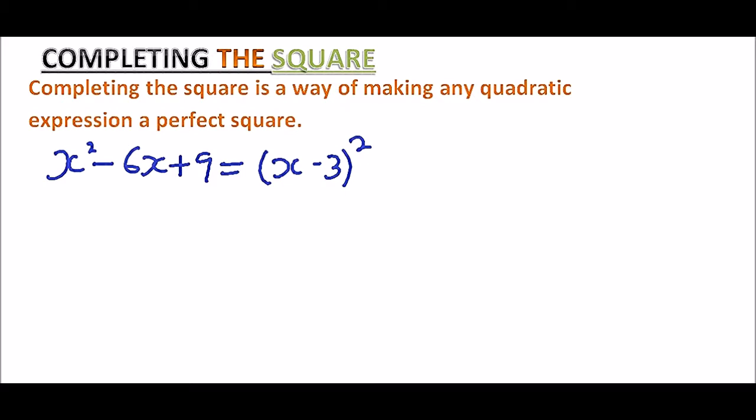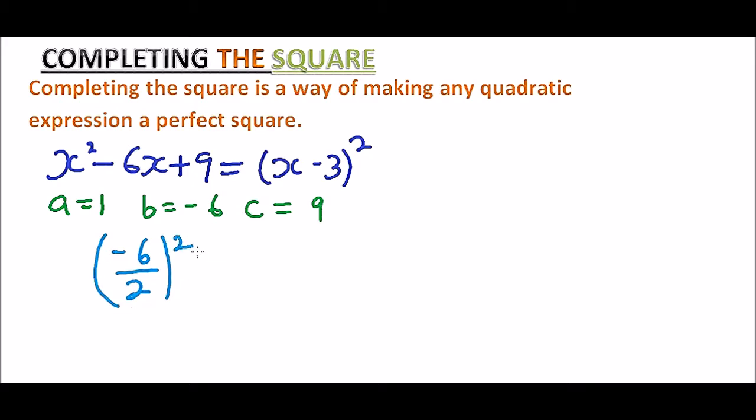So note here that our a is equals to 1, our b is equals to minus 6, and our c is equals to positive 9. From there, we observe that when you divide minus 6 by 2, and you square, it is equals to minus 3 into bracket squared, which is equals to positive 9. When you square minus 3, you get positive 9, which is our c.